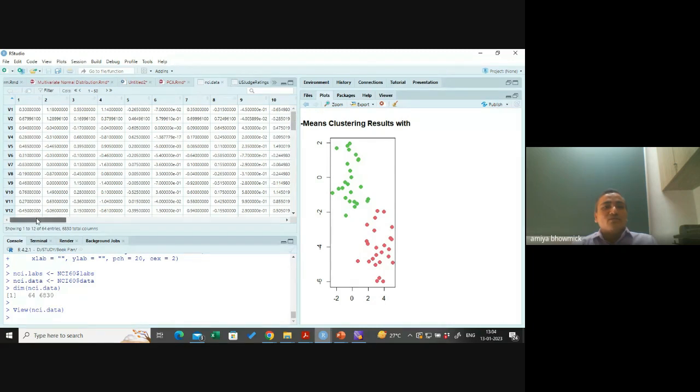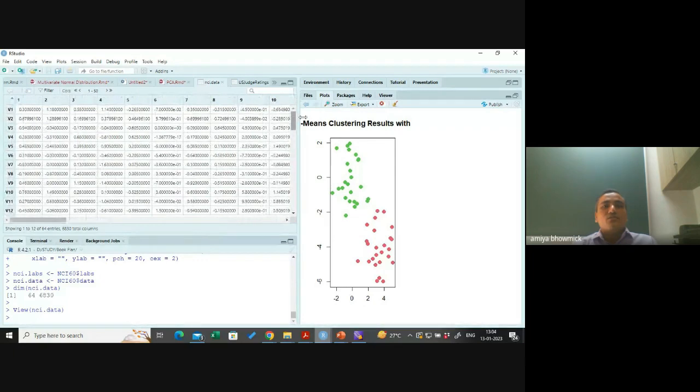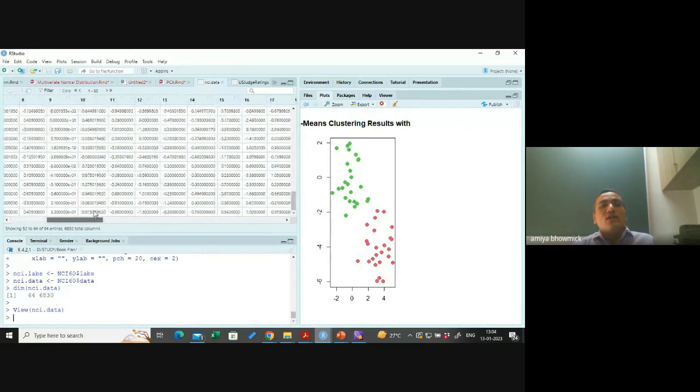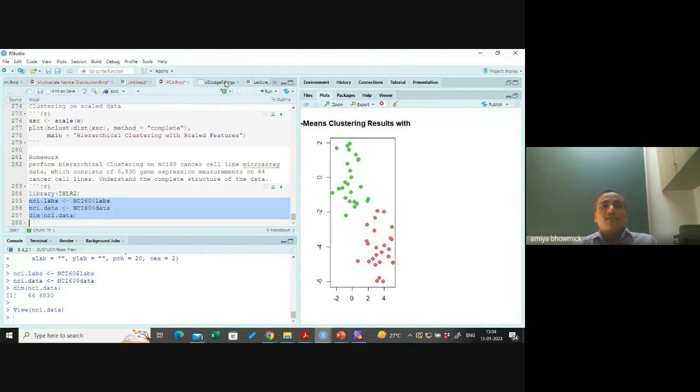This is basically the representative data. Some will be omitted, only 50 are shown, but all 64 rows are there. So understand this data, play with it, and try to perform clustering on this dataset.